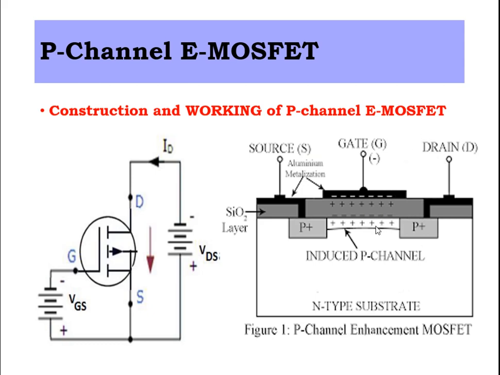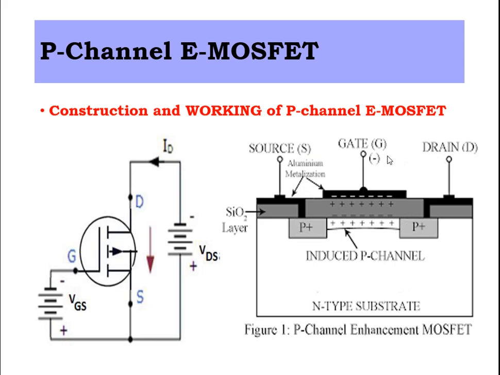In the construction of the P channel EMOSFET, we have an N-type substrate, and we have two heavily doped P plus regions at the source and drain terminals.